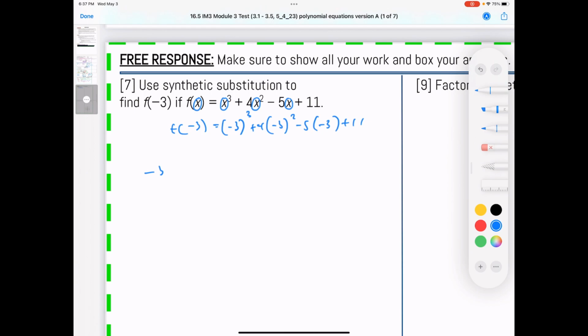Or you can use synthetic substitution. So 1, 4, negative 5, and 11.